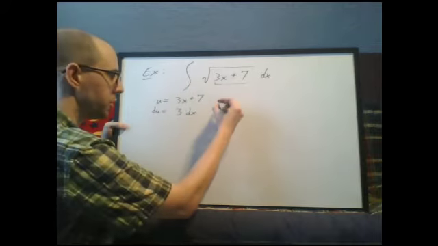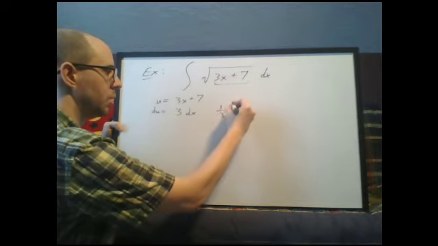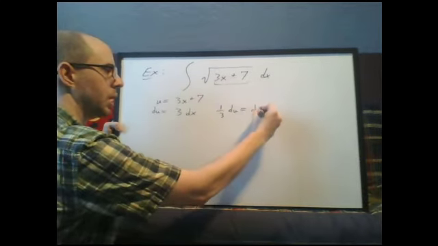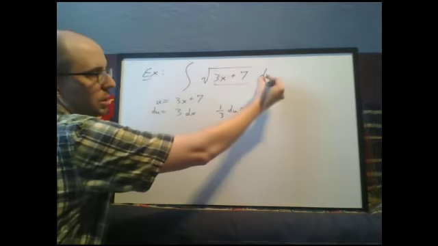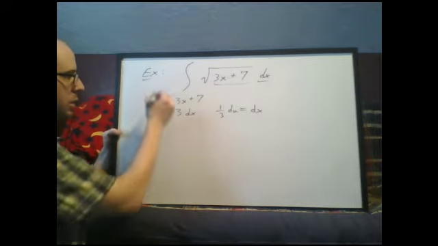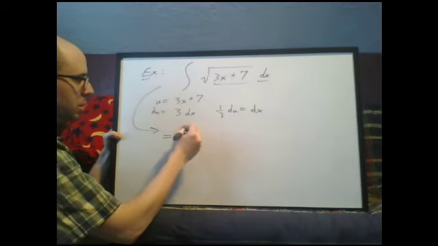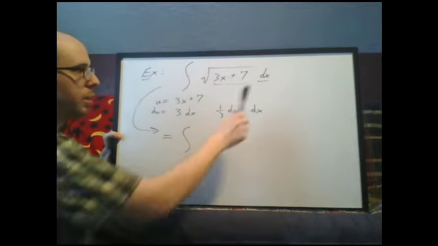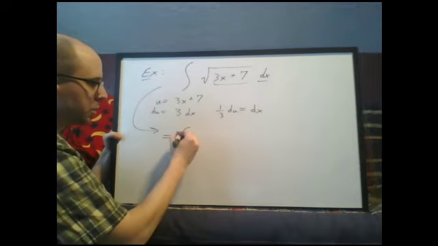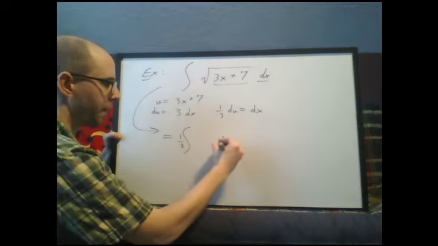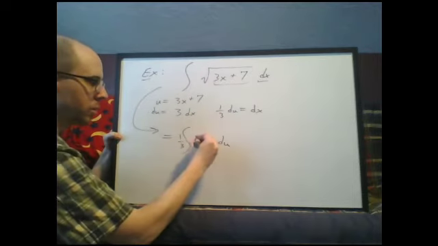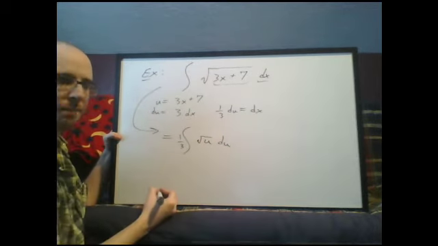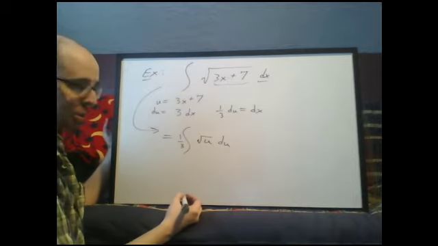So 1/3 du is dx. I always have dx, so I can always make this work for linear situations. So the integral of dx turns into 1/3 du. And then the square root of this is just the square root of u. That's a power function, so we can integrate that.